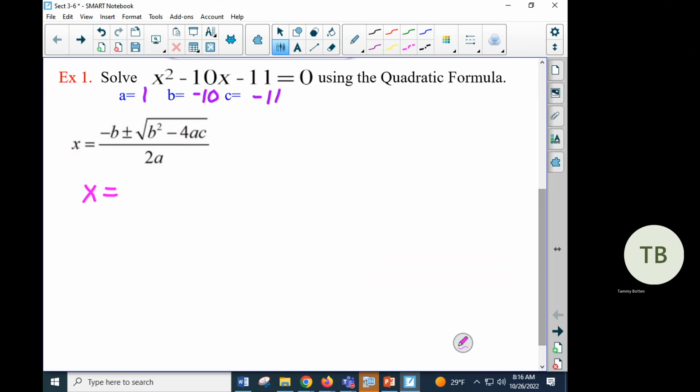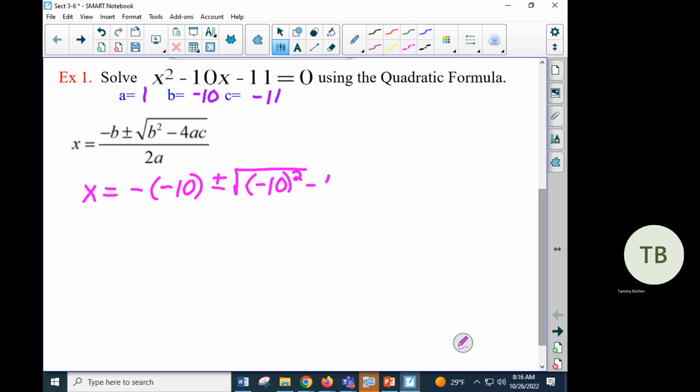So we're going to go x equals -b, which would be minus a -10. Okay, and it's minus a -10, which is going to be a +10. You could have done that right away. Plus or minus the square root of b squared, which is a negative 10 squared, and I would get in the habit of putting it in parentheses because when you type that into your calculator, you want to do that.